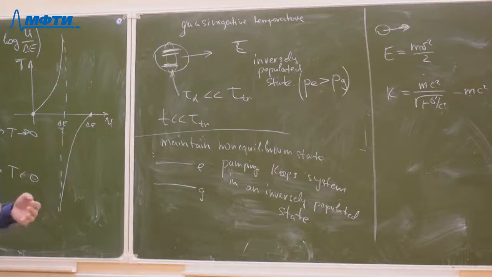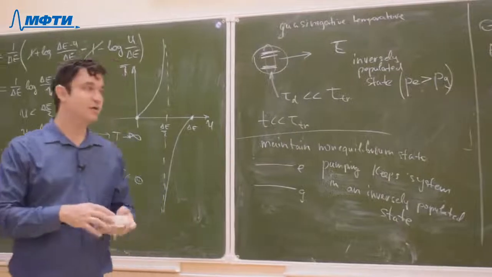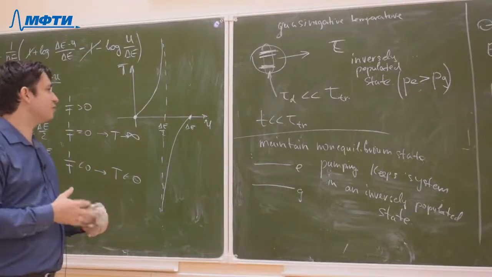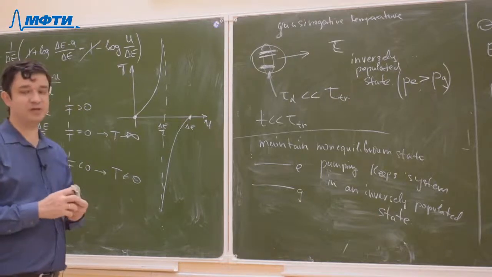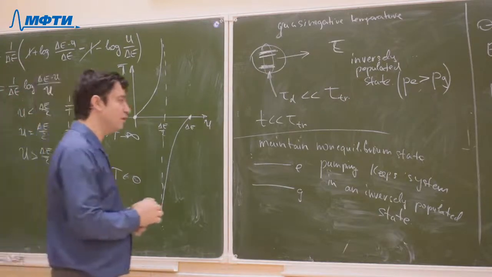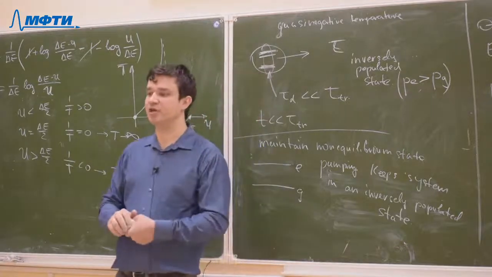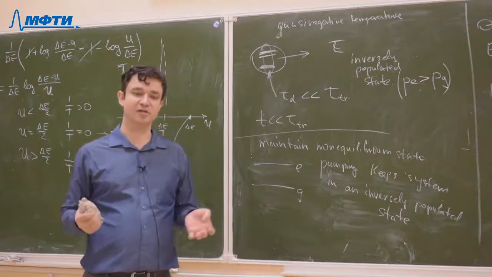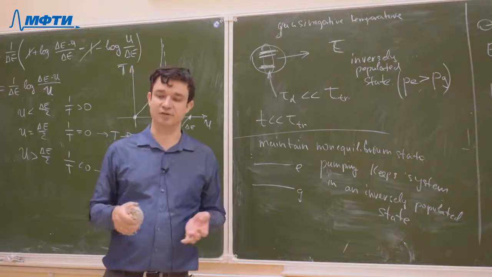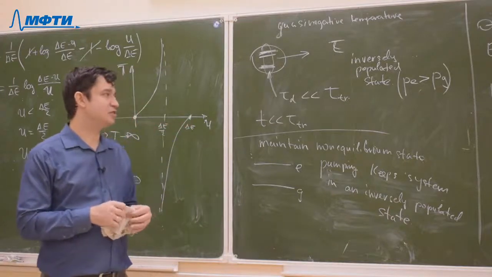So the conclusion of my talk today is that statistical physics allows you to determine entropy, and the entropy in a statistical mean is proportional to the logarithm of the number of states which realize your certain macroscopic state, which is called statistical weight. The entropy is proportional to the logarithm of the statistical weight.